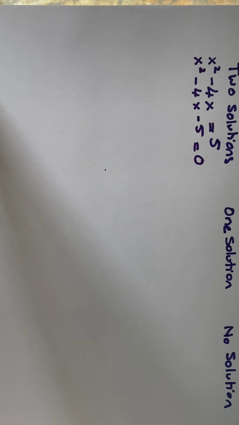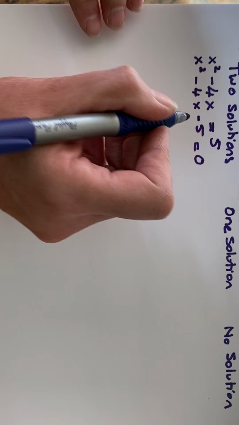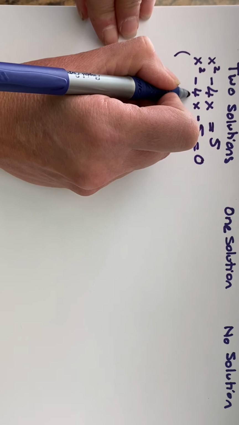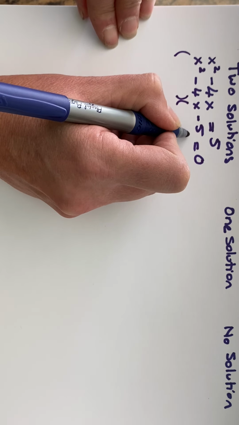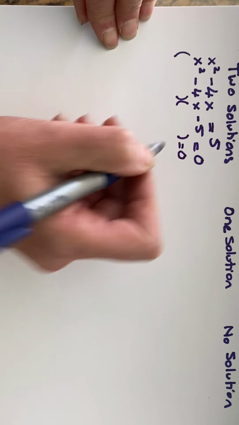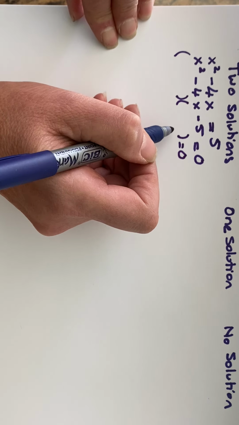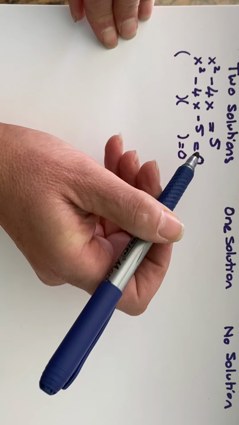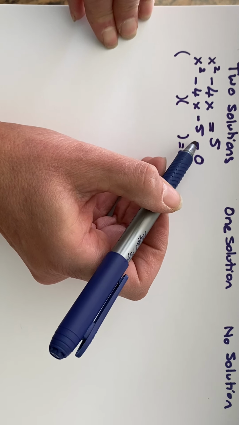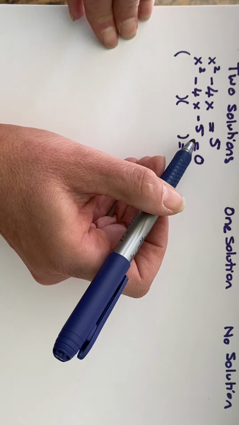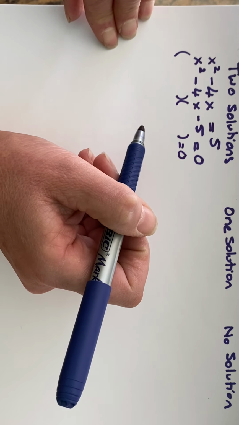That's my first step. Well, next I'm going to look at it and say, can I factor this? Well, let's see. I'm going to do what I always do. Set my parentheses equal to 0. What two factors multiply to equal -5? Well, fortunately, it's easy, right? -5 and +1. -1, +5. Those are my only two options.